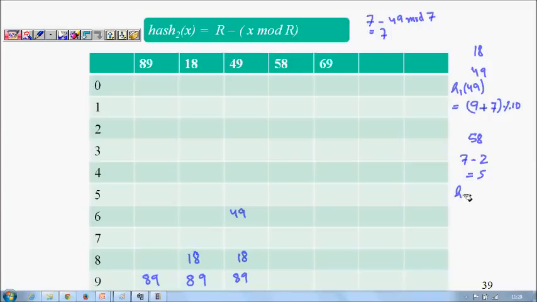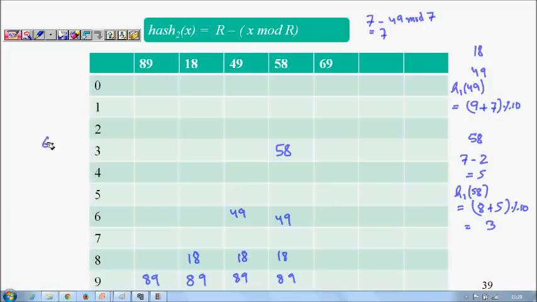So h1 of 58 will be (8 plus 5) modulo 10, so 13 modulo 10, which is 3. So 58 will come to cell 3.